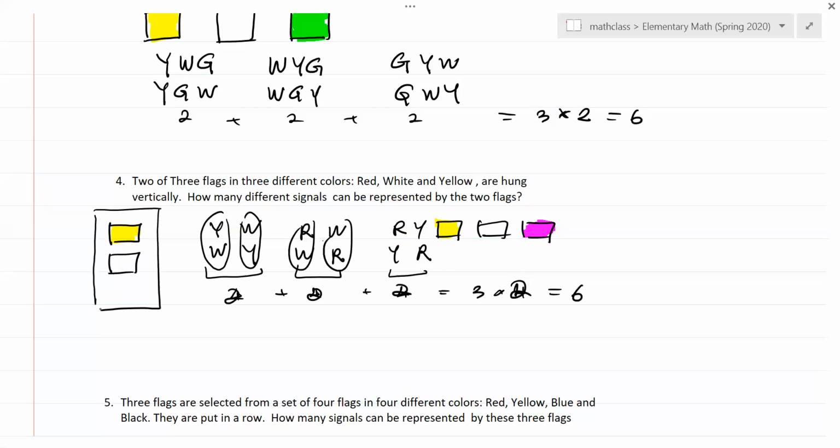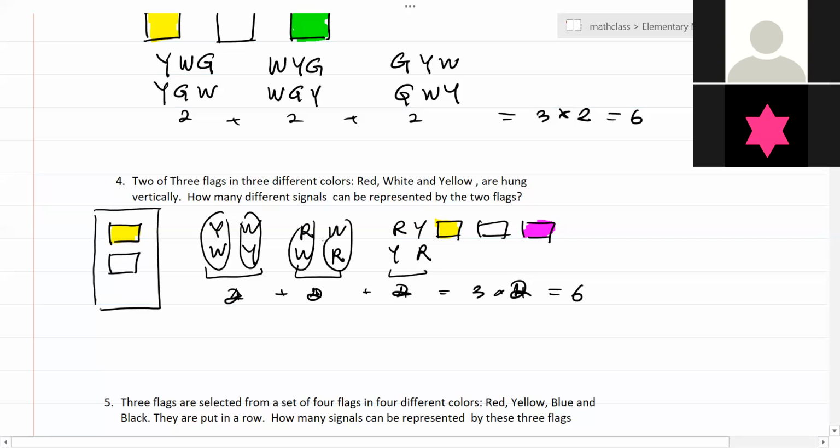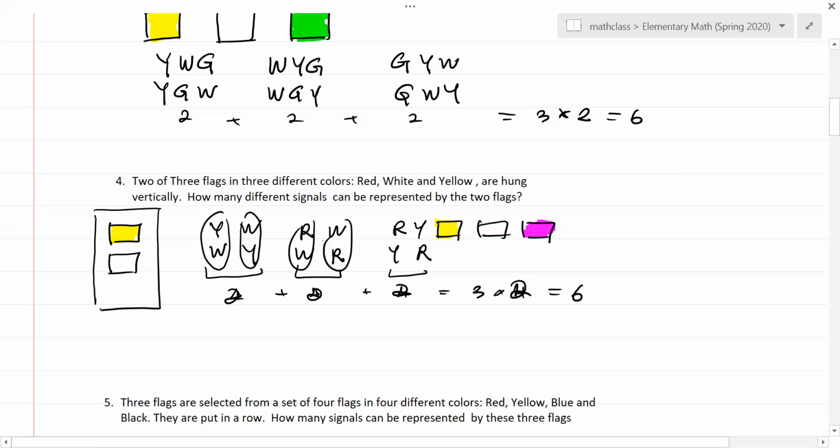You don't take it out. So that's why in total you have 6. Yeah, it's a little bit harder to understand, but we just want to see what is the outcome, how many signals you can see. Okay, I see. Yeah, so each combination, there are 2 different signals you can see.